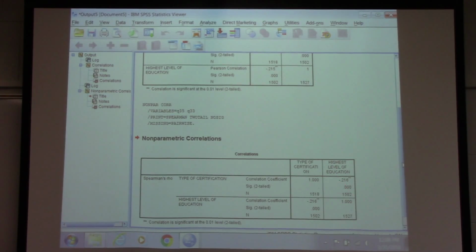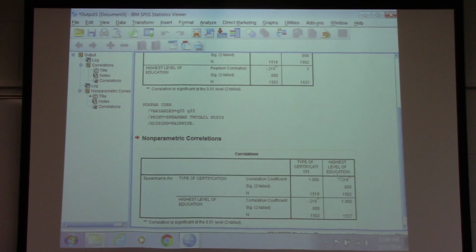It's a negative relationship. It's 0.3 or less, but it's statistically significant. So that 0.3 or less tells me it's small. The negative sign tells me it's inverse or a negative relationship. So I would say there is a small negative relationship between type of certification and highest level of education.